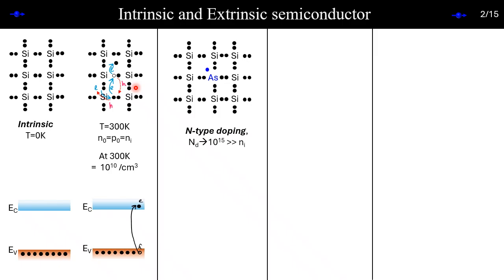So what do you mean by doping? Doping density should be way smaller than the density of silicon. Silicon density is 10 raised to 23, 24, and the doping concentration is of the order of 10 raised to 15, 16, way smaller. Meaning two dopant atoms don't interact.